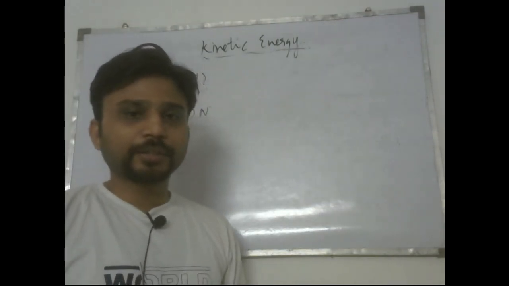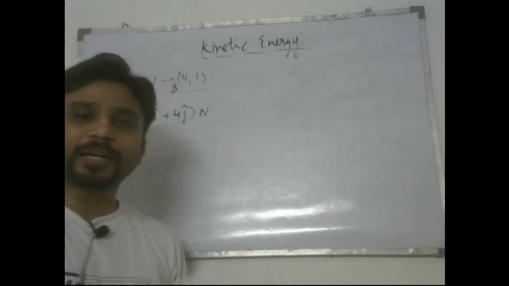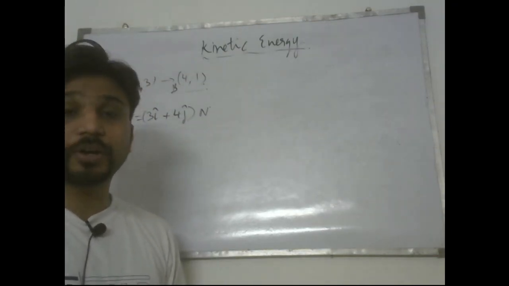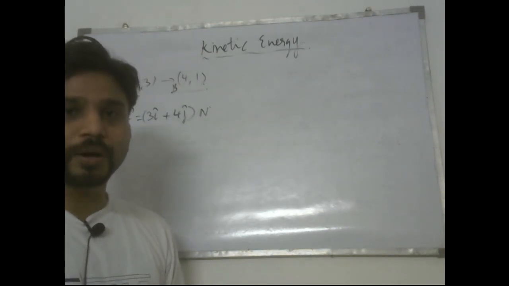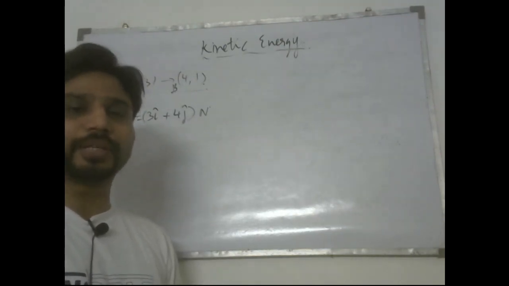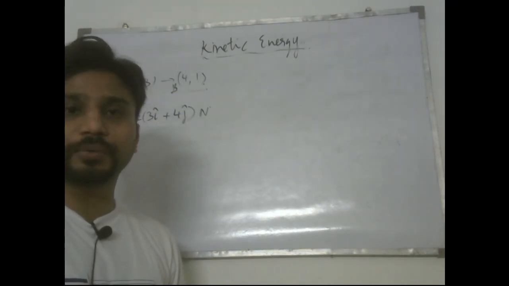The first question which comes to our mind is that the particle could have gone from A to B in a straight line, or it could have gone from A to B on a general path. So how do we decide what would be the work done in both the cases? Would the work done be the same in both the cases, or would it be different?